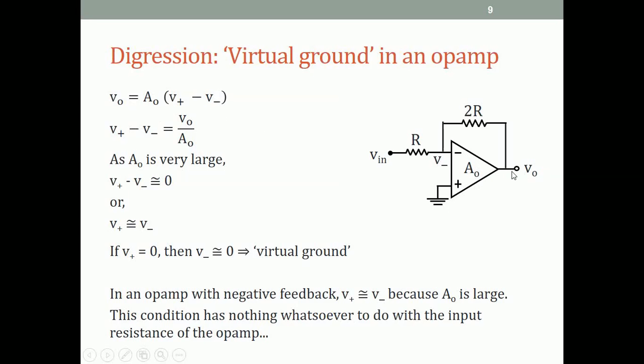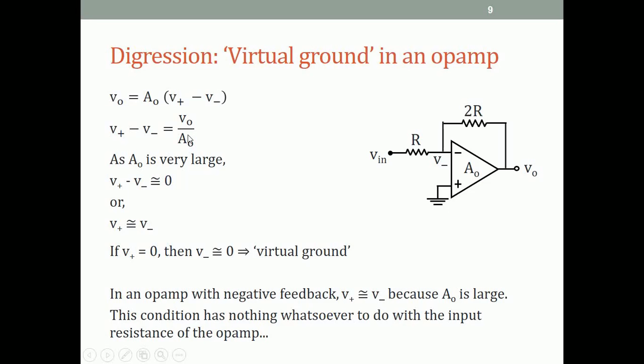The output is equal to A0 times the difference between the two inputs. V plus is the voltage at the positive terminal, and in our circuit, of course, V plus is 0. So from this we get V plus minus V minus equal to V0 by A0. A0 is very large, 100,000. Therefore, we say V plus minus V minus is approximately 0.